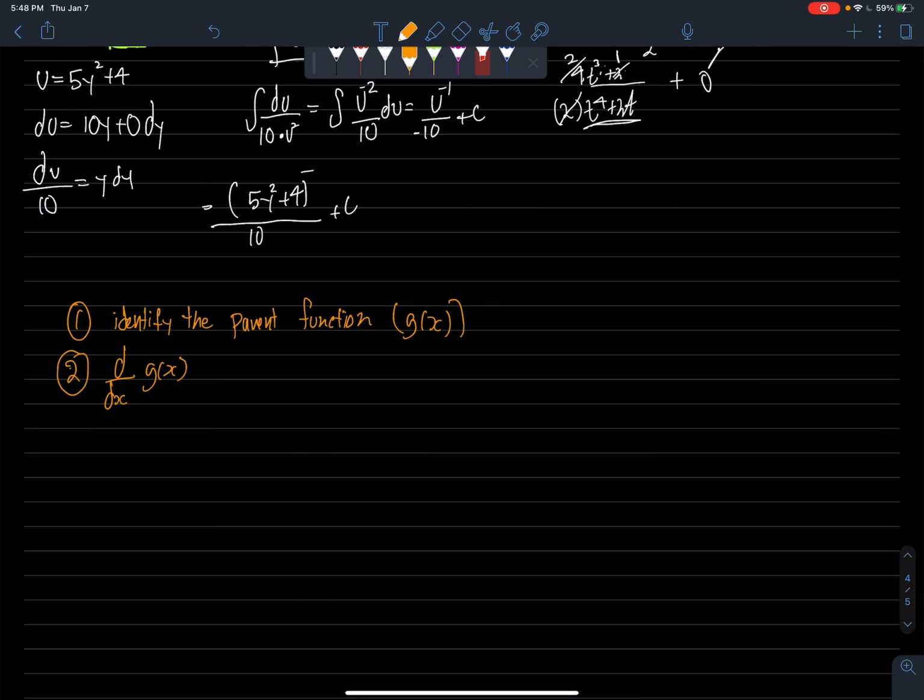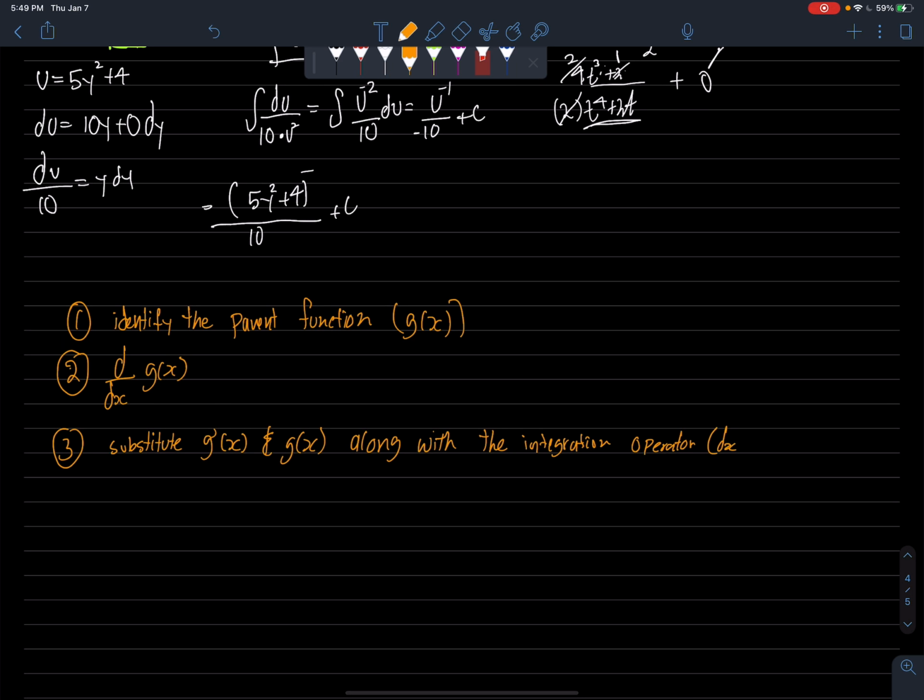Third, substitute g prime of x and g of x along with the integration operator, that integration operator being like dx, dy, stuff like that.